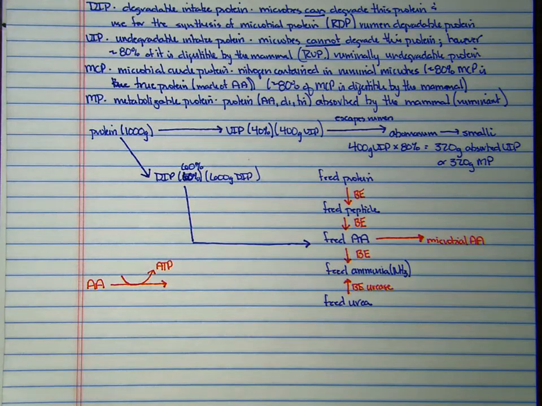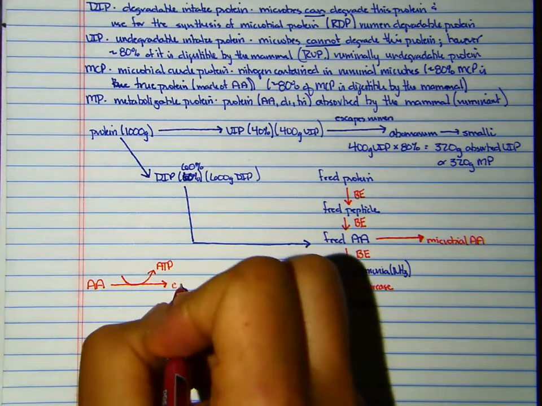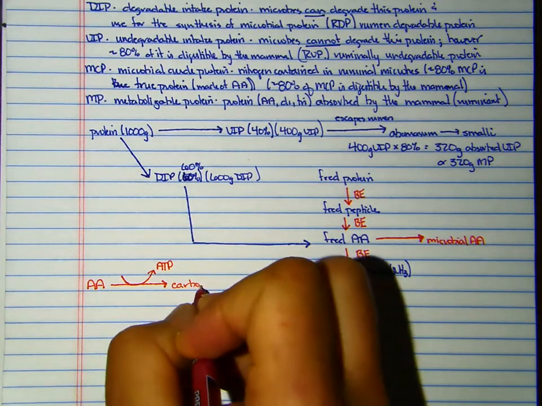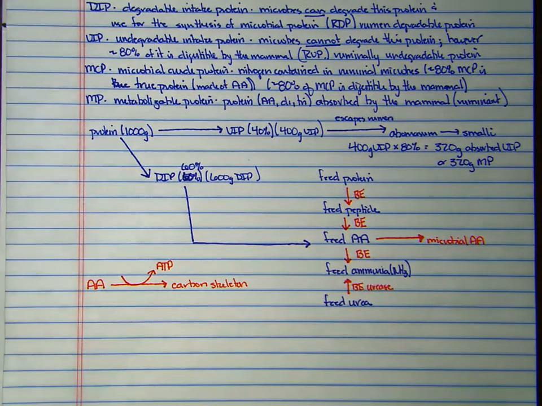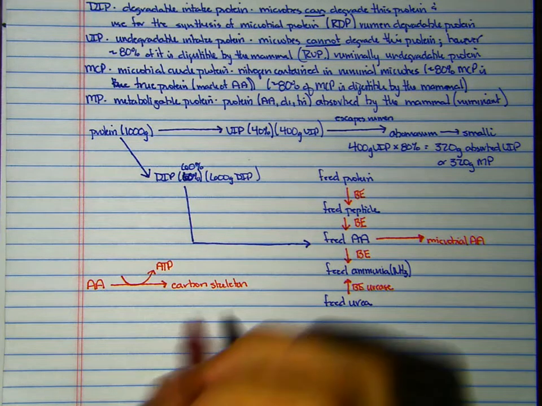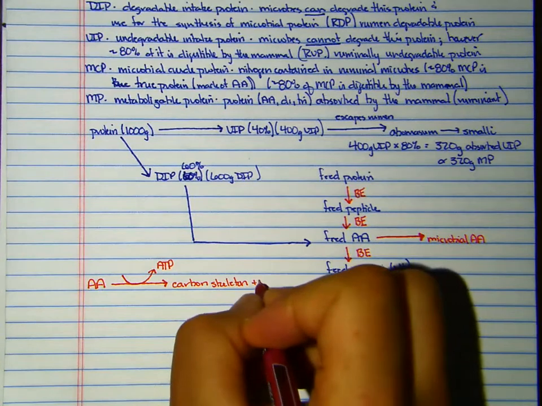We also end up with a carbon skeleton, which is basically part of the R group or the carboxyl group. There's some carbon that remains, and ammonia.